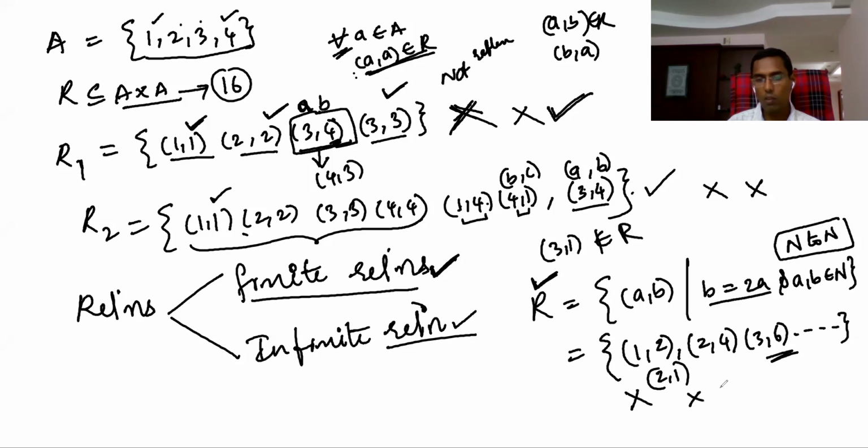Is it transitive? No. 1 comma 2 is there, 2 comma 4 is there, but 1 comma 4 is not there, so it's not transitive either.